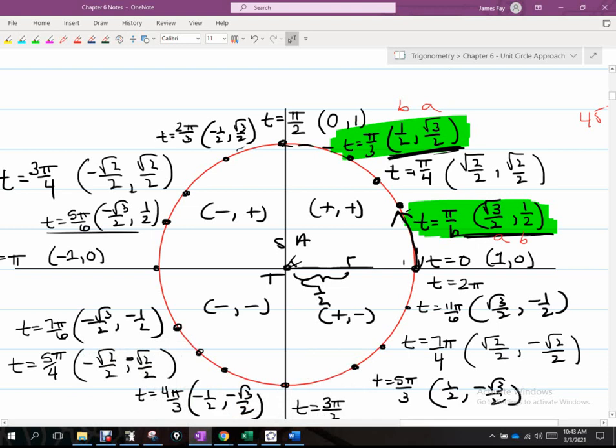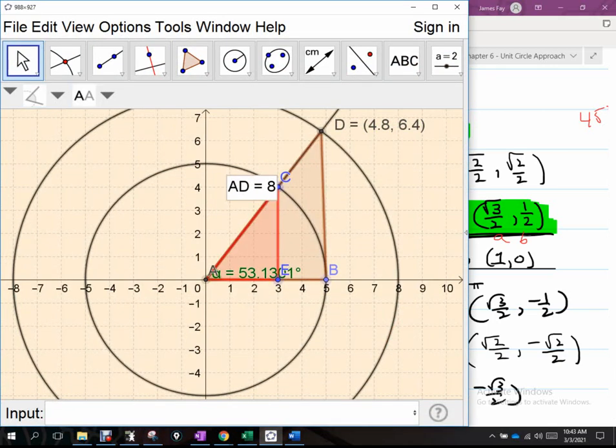Do you guys remember talking about in any triangle, and we did some questions with circles earlier as well, that the sine of a particular angle, let's just say theta, was equal to y over r? You remember that? Okay. I'm going to come to GeoGebra real quick.